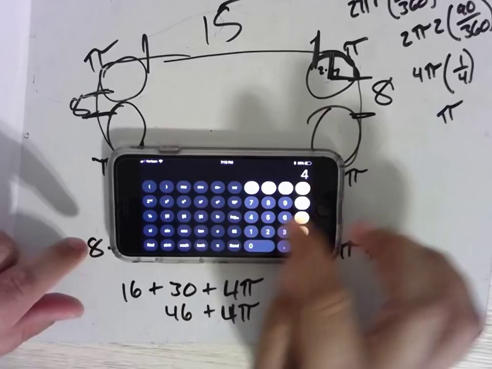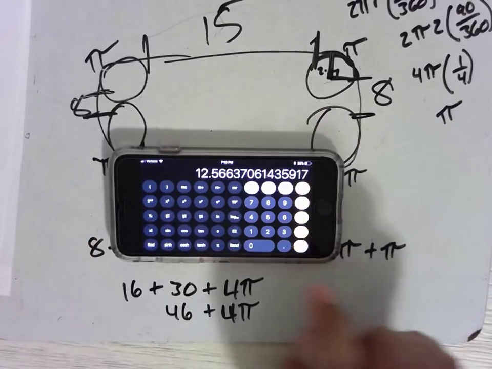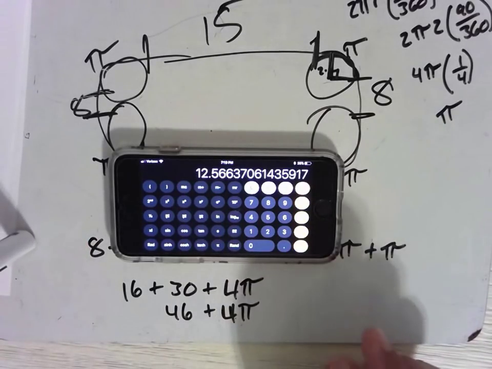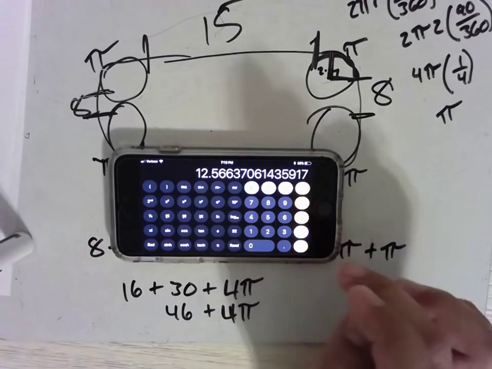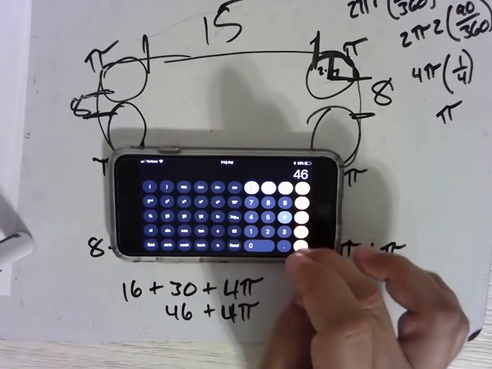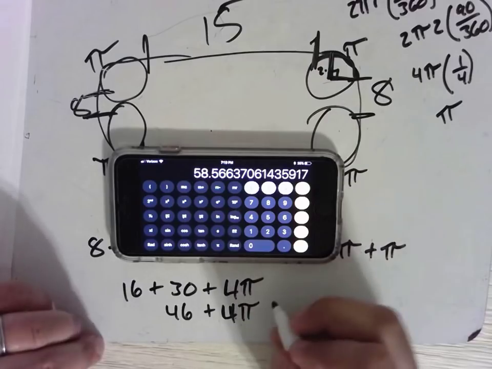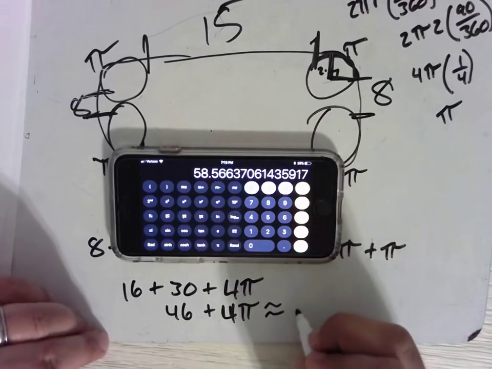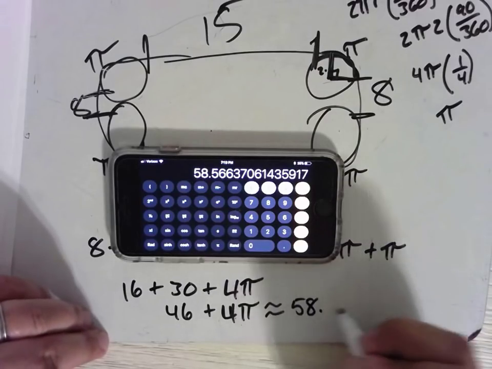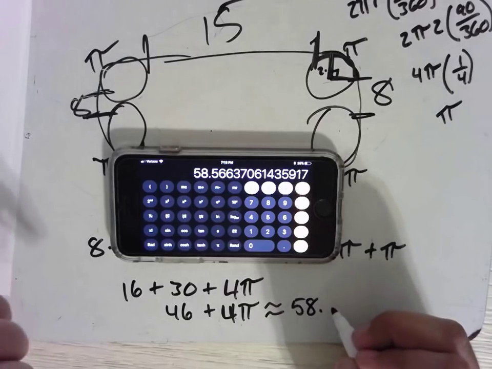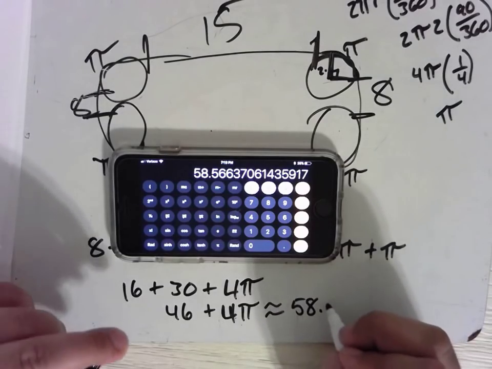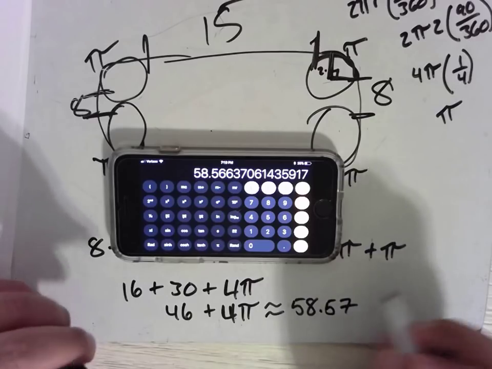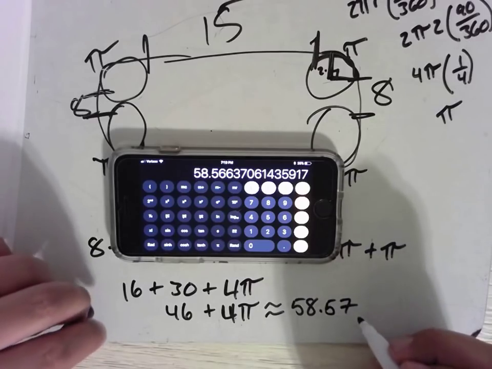You have 4 times pi, which is 12.56 and so on, plus 46. So the perimeter of this is approximately 58 point, does it say where to round? No. We'll round to the tenths or hundredths. 58.57.